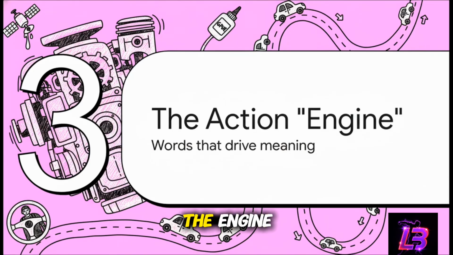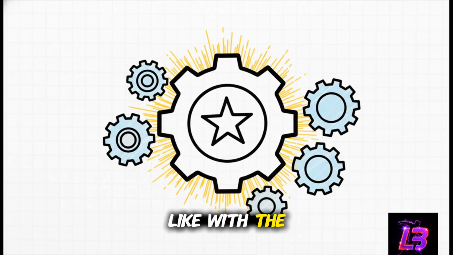All right, we have our glue, and we have our GPS. Now, we need the engine. These are the words that create the action and drive the meaning, the verbs that make the sentence go, and the pronouns that tell us who's in the driver's seat. You know, just like with the articles, it turns out a tiny handful of verbs do most of the work in German. You really don't need to memorize hundreds of them to start building sentences. You just need to know the superstars.